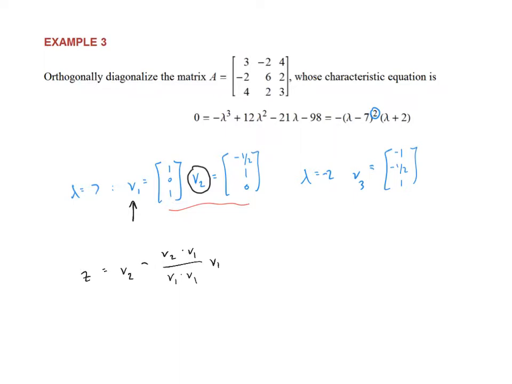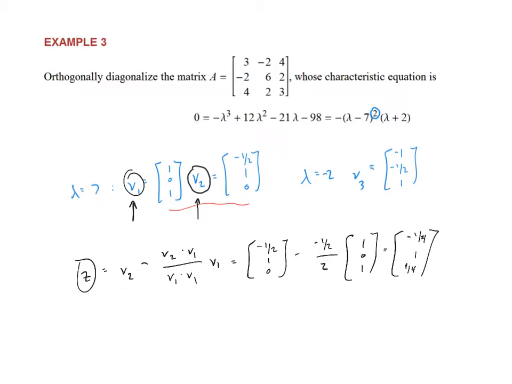If you do that, you take your negative a half, 1, 0 vector minus the dot products, which give you negative 1/2 over 2, times the vector 1, 0, 1. That simplifies to negative a quarter, positive 1, and positive a quarter. So V2, in order to get it to be orthogonal, we project it onto V1. Now if you check, V1, Z, and V3 are orthogonal to each other.